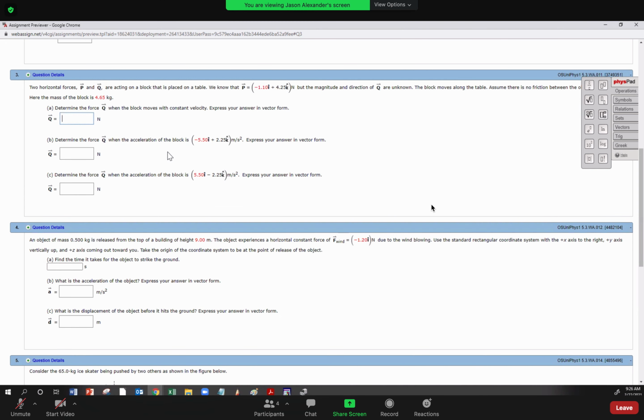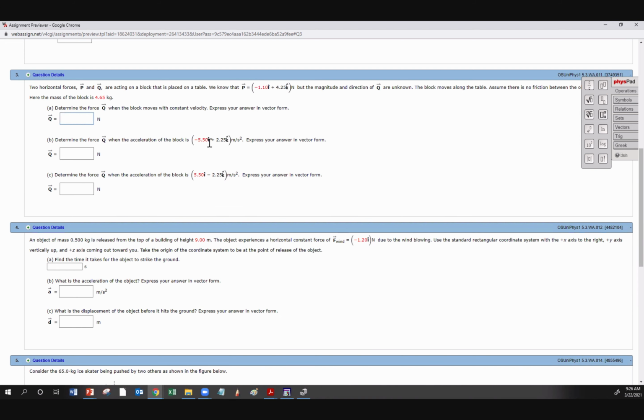Okay, so now it's telling you that the sum of the forces is no longer 0. Now it's got some acceleration, but we know what the acceleration is. And so the thing to remember with this is that we're going to apply Newton's second law in each direction.